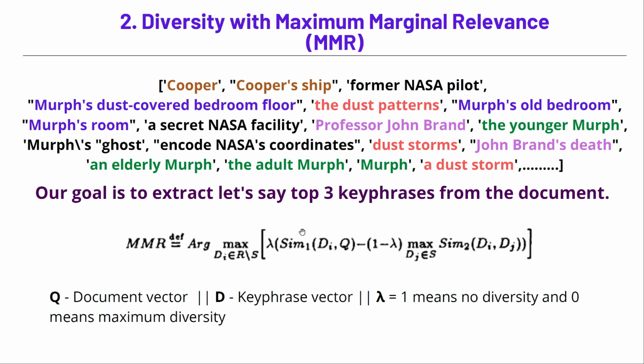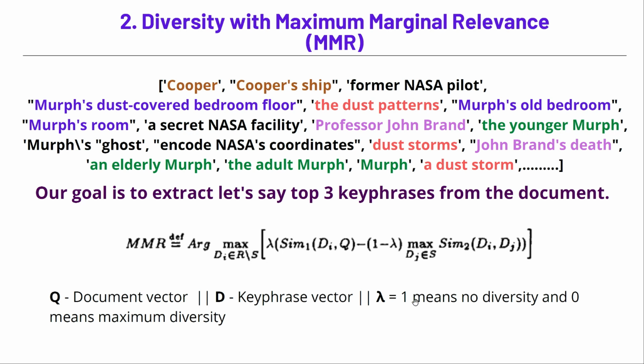Now for the second key phrase, among the 120 keywords, we already removed Cooper. So among the 119 keywords, it will calculate which has the highest cosine similarity with the document. That's going to be Cooper ship anyways, so it's going to extract that. Then third will be former NASA pilot.